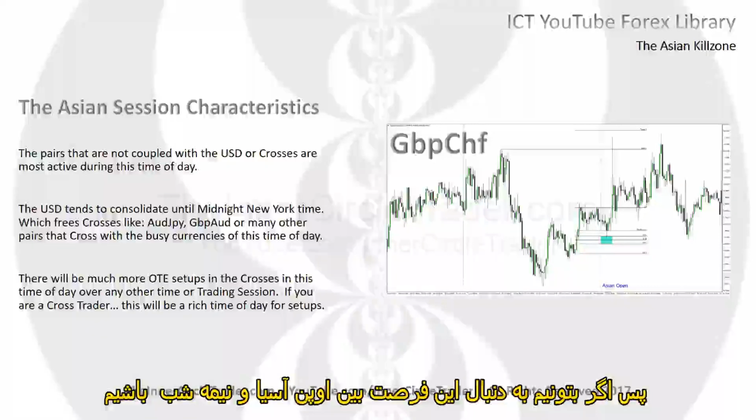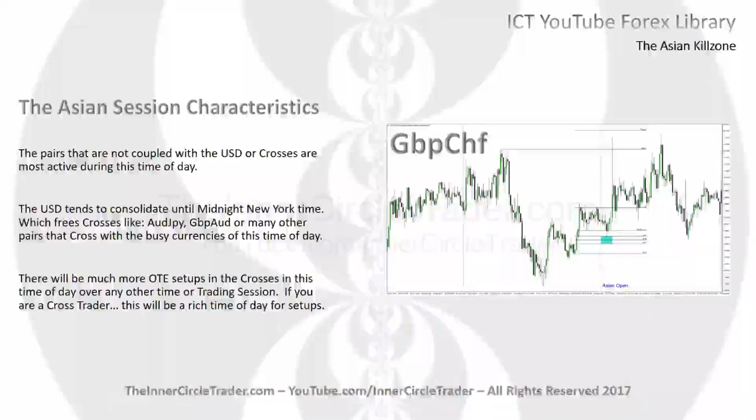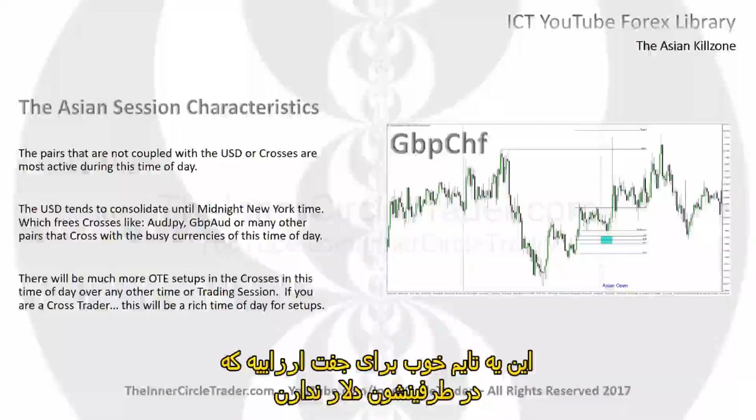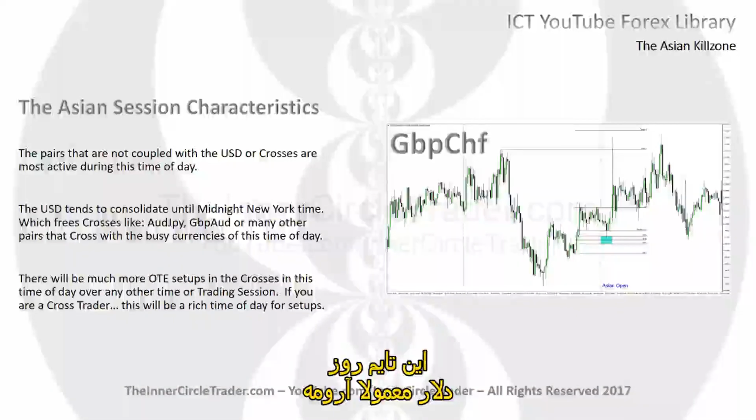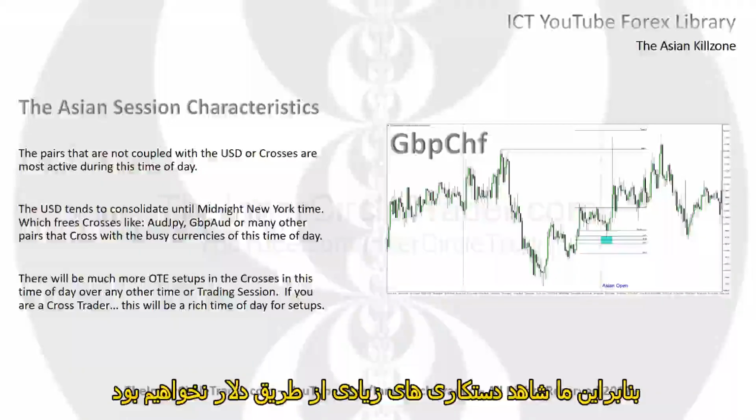So if we can look for that small little window of opportunity between the Asian open and midnight, that's a sweet spot for crosses. Now, there are times in the day, like in London or New York, where a cross can move, and that's going to be done by manipulation with the dollar. This time of day, the dollar is usually quiet, so we're not going to see a lot of manipulation by way of the dollar.